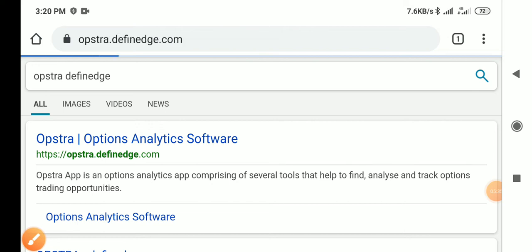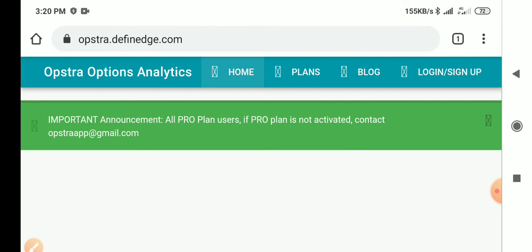I am opening the opstra.definedge.com strategy builder. Login.